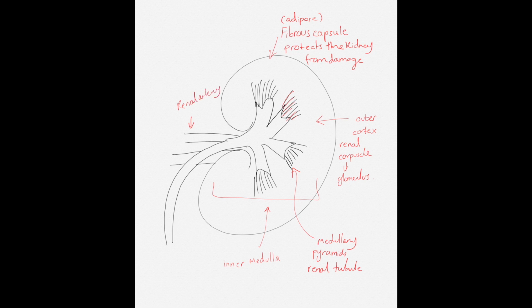So I'm going to draw the heart, for example. Very bad drawing, or very non-professional drawing of the heart. So the actual renal artery derives from the aorta of the heart. So if I just draw one of the aortic arcs of the heart, let's say we're talking about this one. This aortic arc actually connects all the way up to the renal artery.